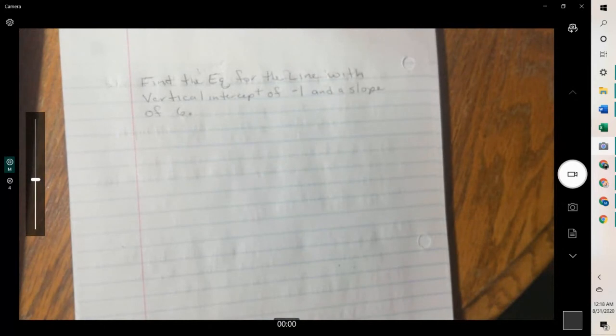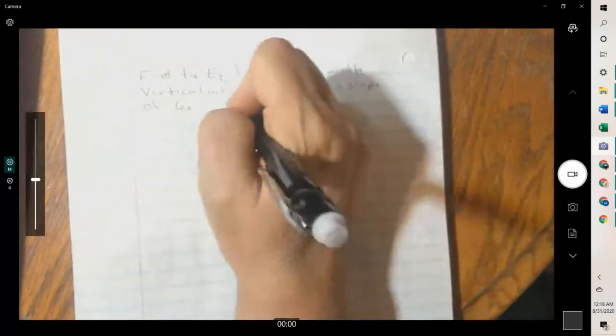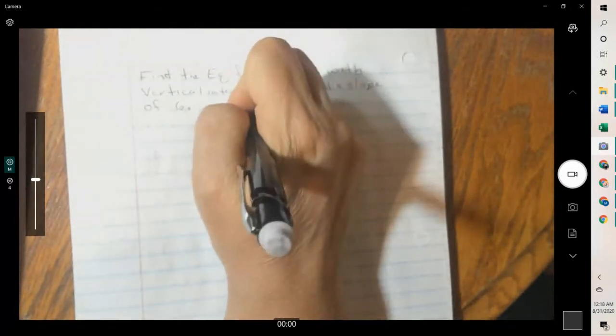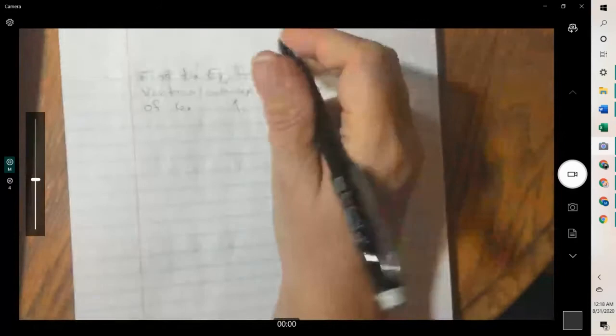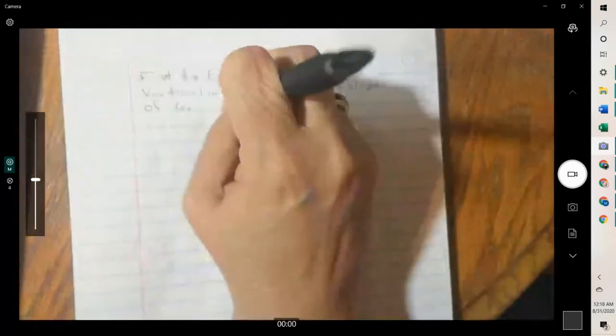One more. Find the equation for the line with a vertical intercept at -1 and a slope of 6. Vertical intercept is the same as x-intercept or y-intercept. Vertical intercept. I guess that would be your y-intercept.